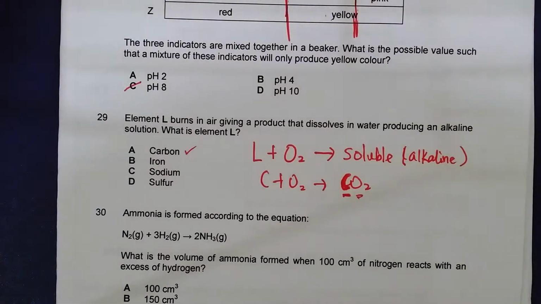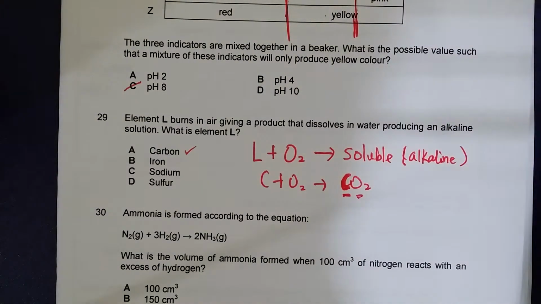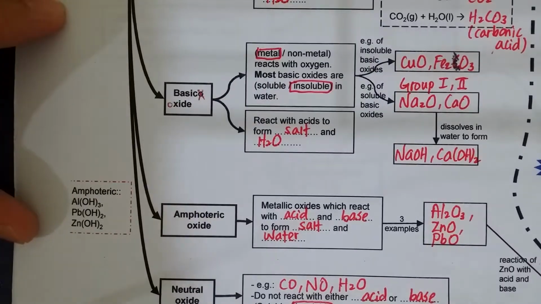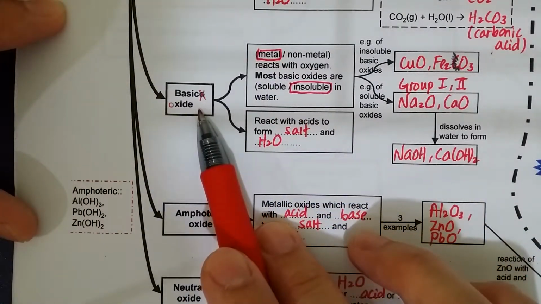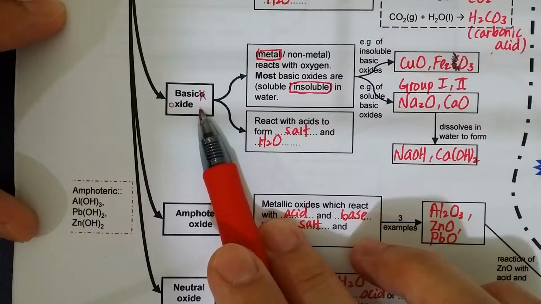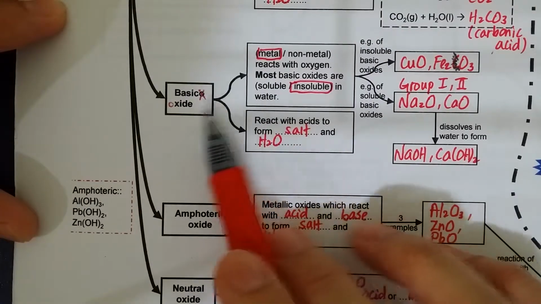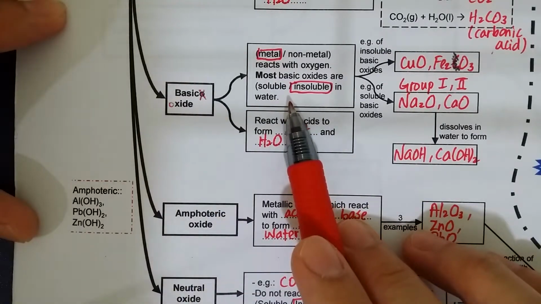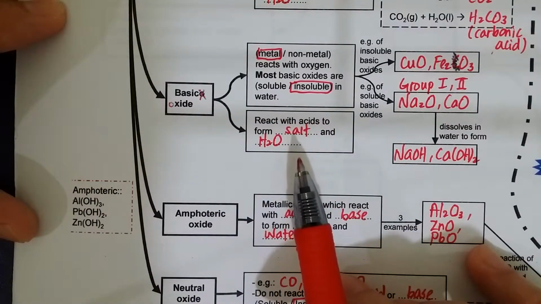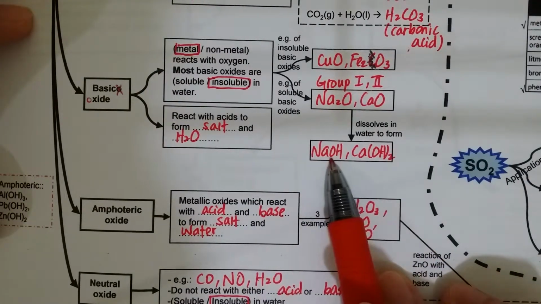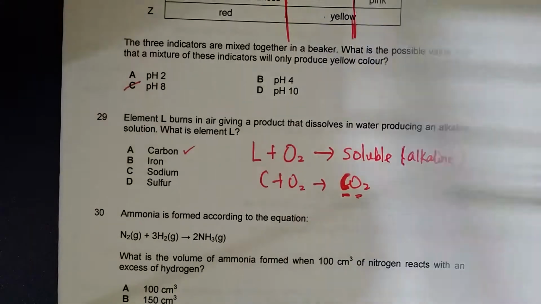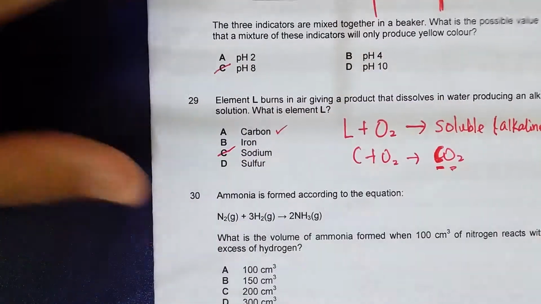Just now we mentioned that a metal oxide is a basic oxide. So sodium oxide is a basic oxide, meaning that when it dissolves in water, it will form something that is alkaline, for example sodium hydroxide. So the answer is C.